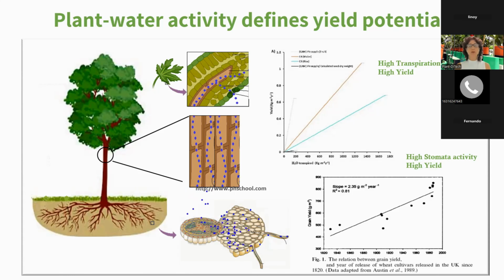So if we can quantify the transpiration at the stomata aperture or conductance, we can make a very nice comparative assessment of which plants will have better potential, more yield potential. So just by looking at the water activity of the plant, again, flowing through the stomata.